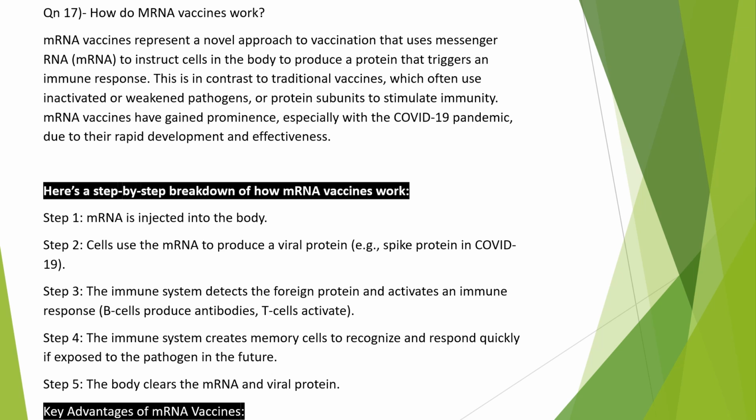Second, cells use the mRNA to produce a viral protein, spike protein in COVID-19. Step 3, the immune system detects the foreign protein and activates an immune response. 4, the immune system creates memory cells to recognize and respond quickly if exposed to the pathogen in the future. 5, the body clears the mRNA and protein.